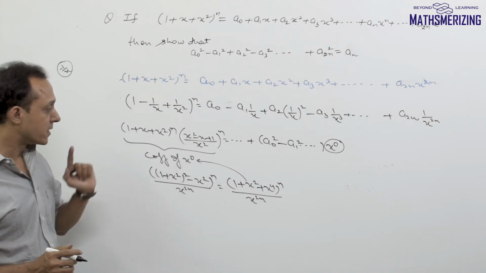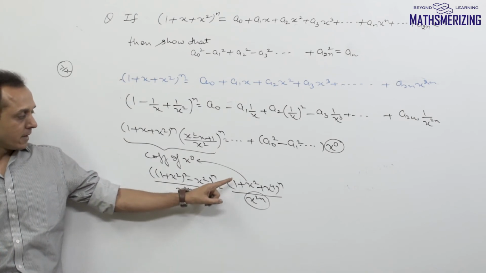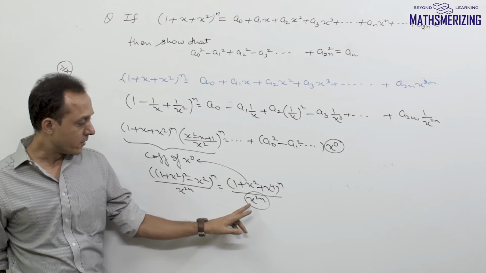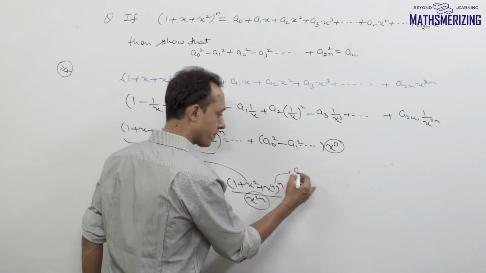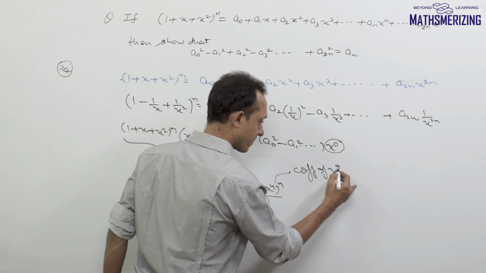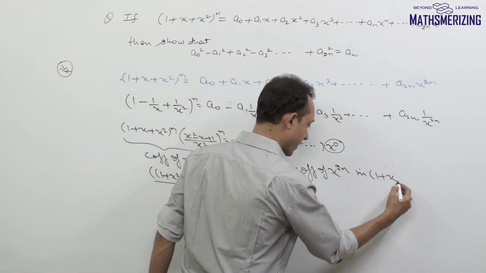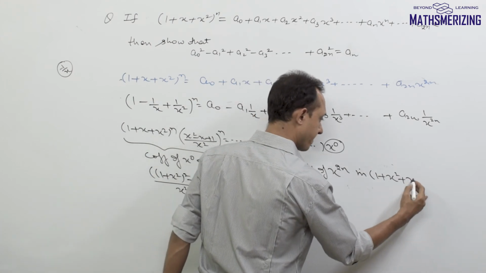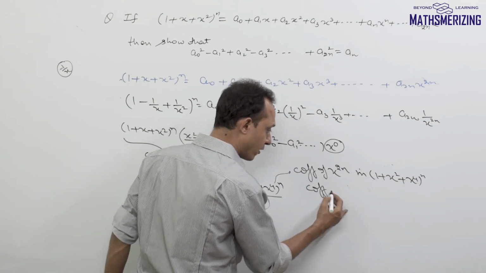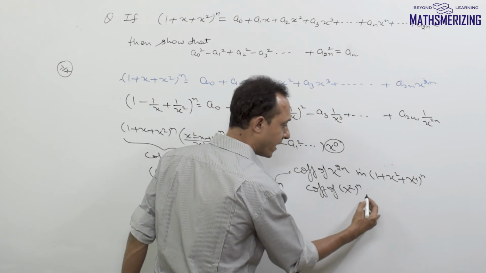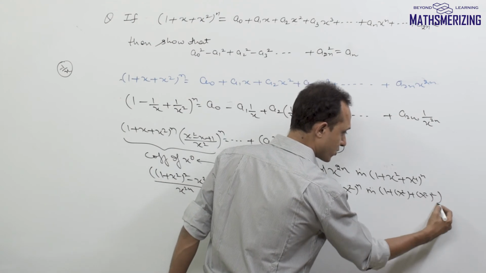Now, how do I find the coefficient of x to the power 0? I know that there is x^(2n) in the denominator. So whatever I get from the numerator will be subtracted by this power of x, which is x^(2n). So in order to get x to the power 0, I need to find the coefficient of x^(2n) in the expansion of (1 + x² + x⁴)^n, or I can write it as the coefficient of (x²)^n in (1 + x² + x⁴)^n.